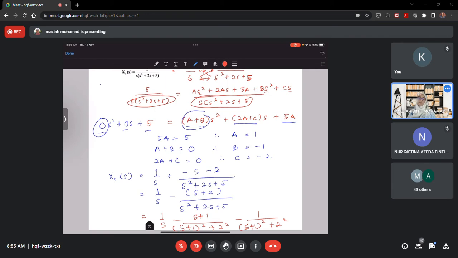Because the denominator is the same, it also becomes s plus 2 if you multiply that together. So let's do the inverse Laplace.